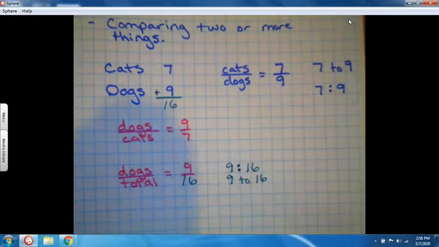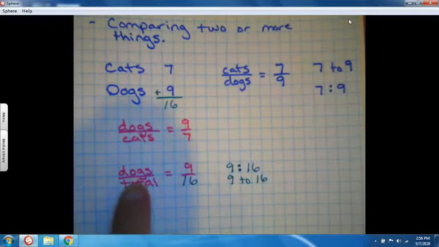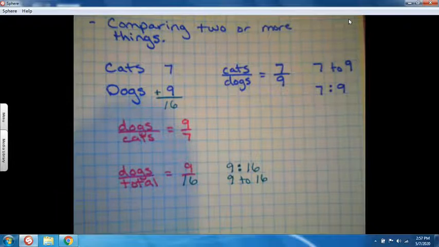So far, we've been lucky and we didn't have to simplify anything. Okay? So, is this hard? No. We could do cats to total. The important thing is really reading what it wants you to compare.